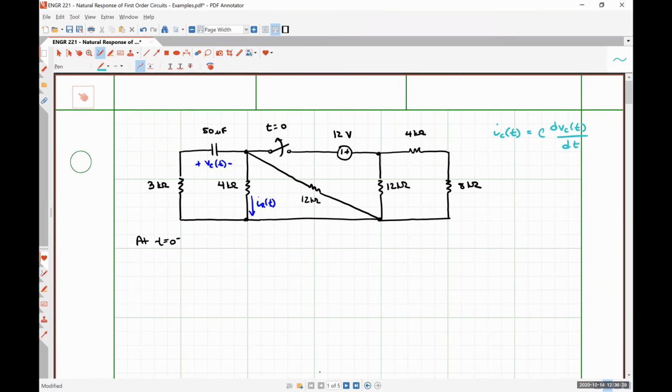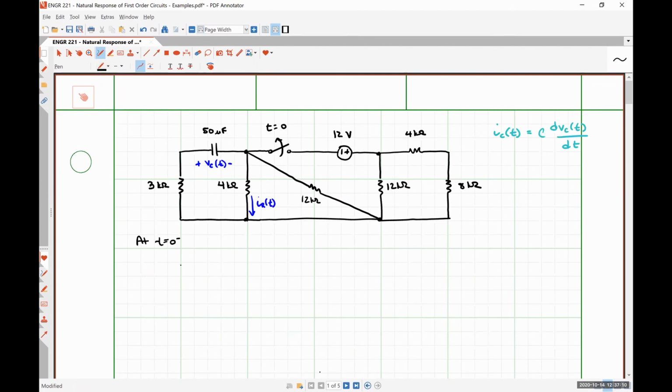At t equals 0 minus, our switch has been closed for a very long time, so our circuit is being excited by a DC voltage source and has been for quite some time. So all of our currents and voltages in our circuit are also constant valued. Since the voltage over the capacitor isn't changing for all points in time up to t equals 0 minus, the capacitor current must be 0, which means we're going to replace our capacitors with an open circuit.